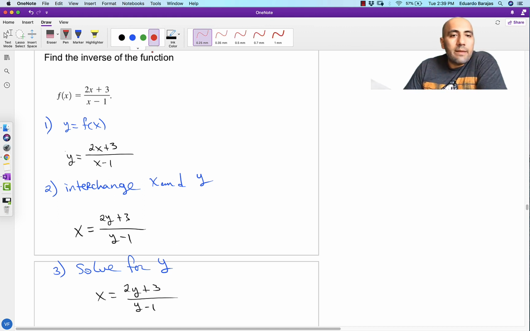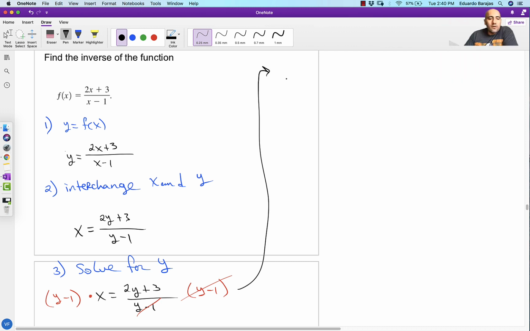What I want to do is multiply both sides of the equal sign by the denominator, y minus 1, times y minus 1. On the right-hand side, these cancel, and what we end up with is y minus 1 times x is equal to 2y plus 3.